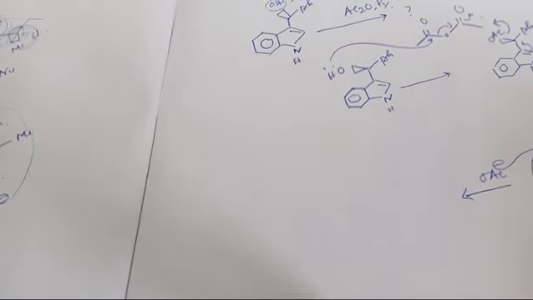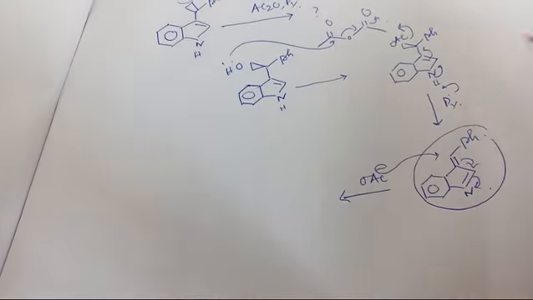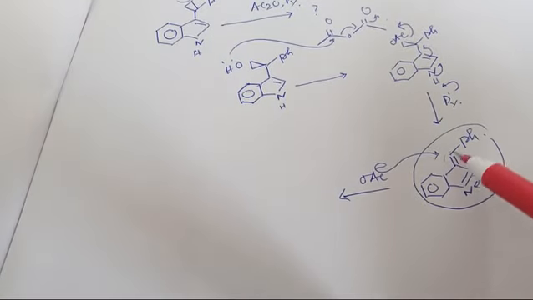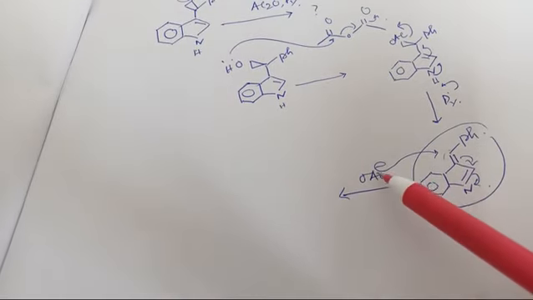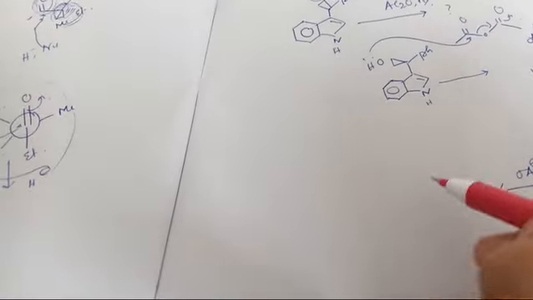You can see that there is a double bond. Firstly there is a chiral center, and there is a double bond, an sp2 alkene type. So OAc will attack from both sides, so the product will be like this.